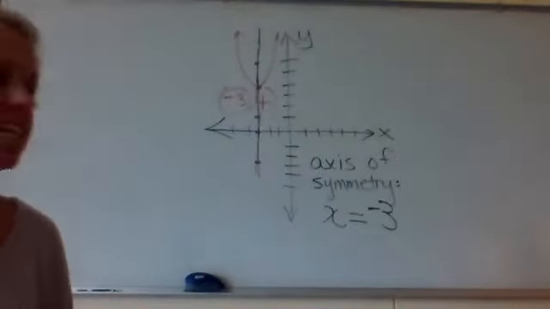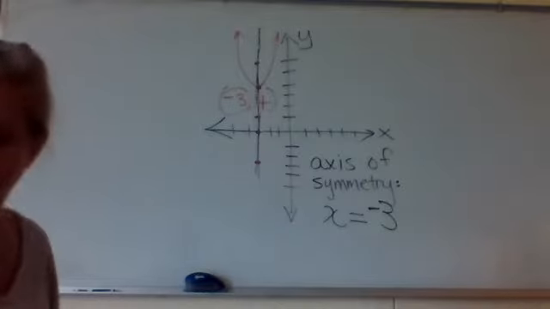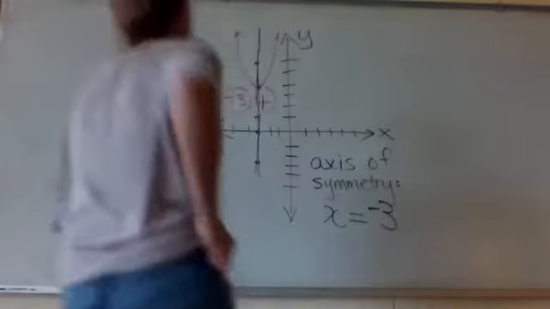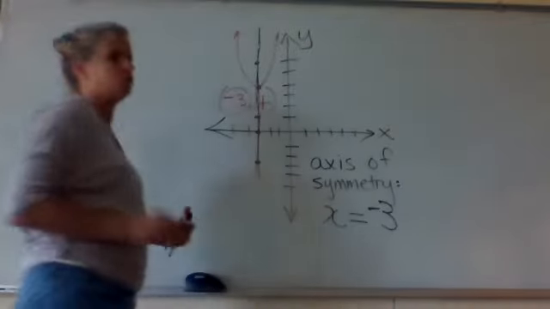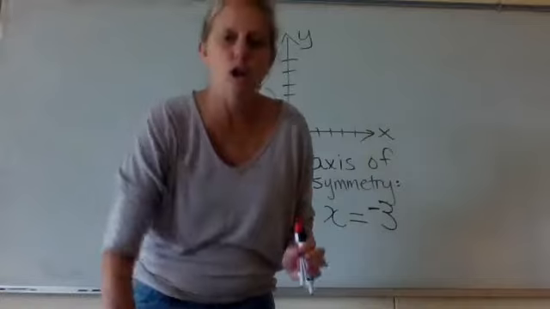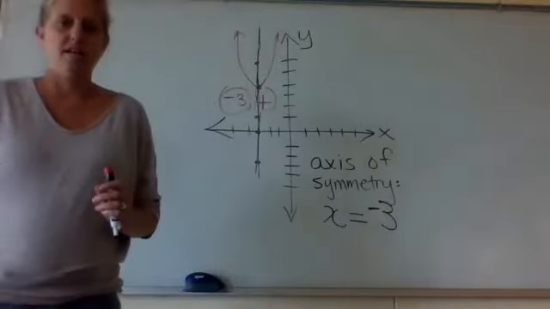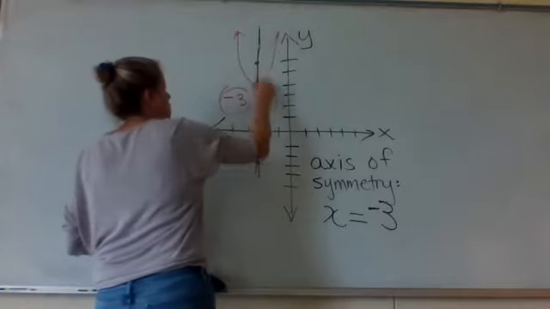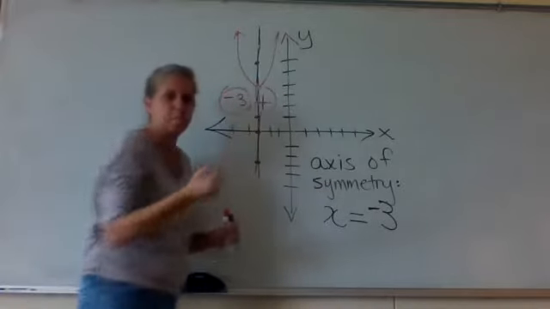Now, the very last thing it's going to ask you is, what is the minimum or maximum value of the function? So when it's talking about value, it's talking about the highest or lowest point. Well, since this parabola comes down to here and goes back up, the vertex is its minimum, right?